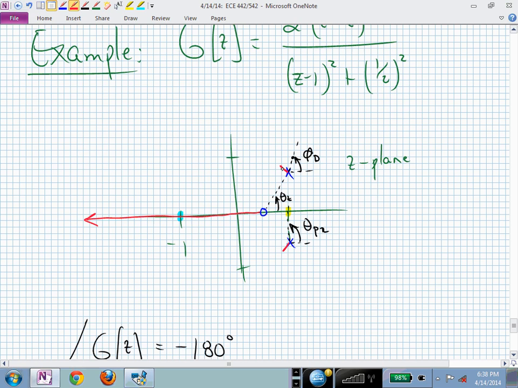I'm getting really nervous now. But that should be about 0.2, right? Do you see what's happening? Now you know where it's re-entering the real line.